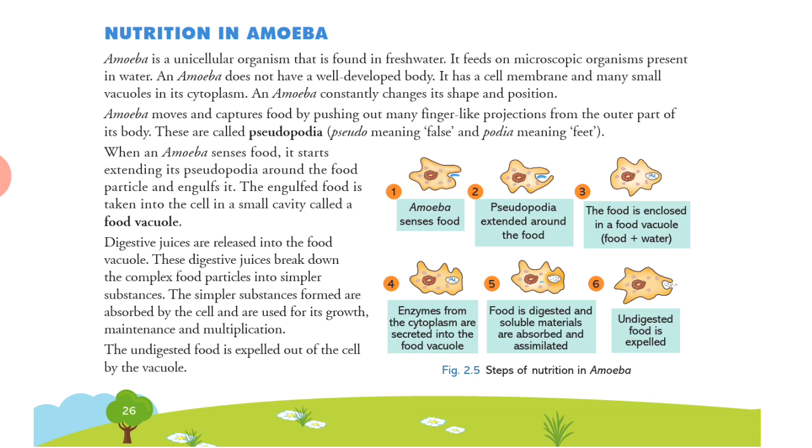Sixth is undigested food is expelled. Got it? You can see the first and the last step are almost similar. In the first it will sense the food, in the last it will remove the undigested food. Got it? So let's continue with our discussion.